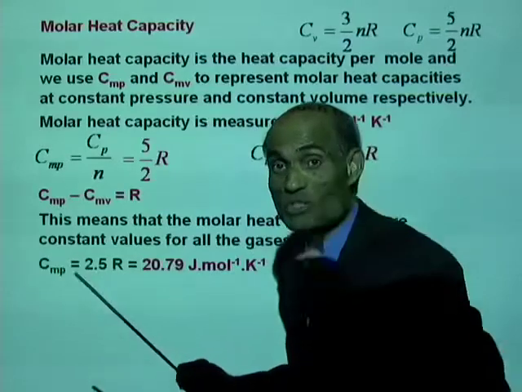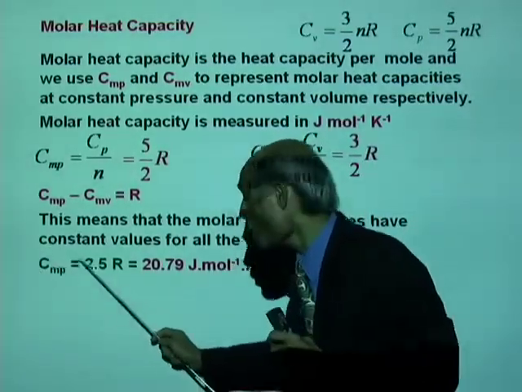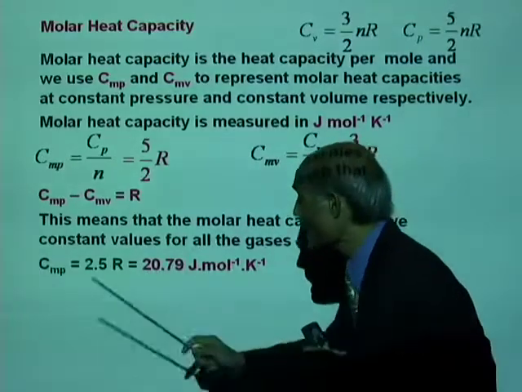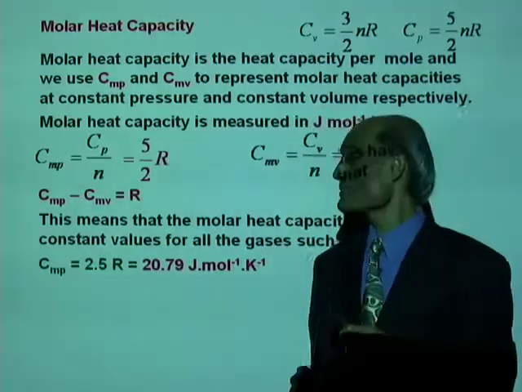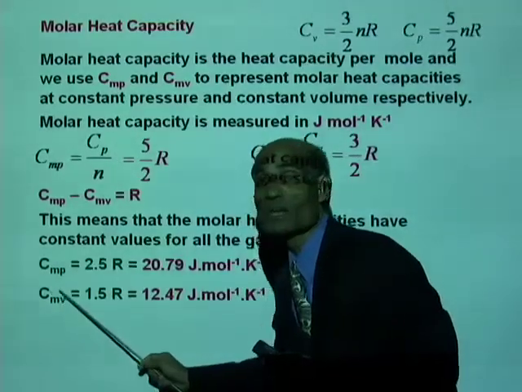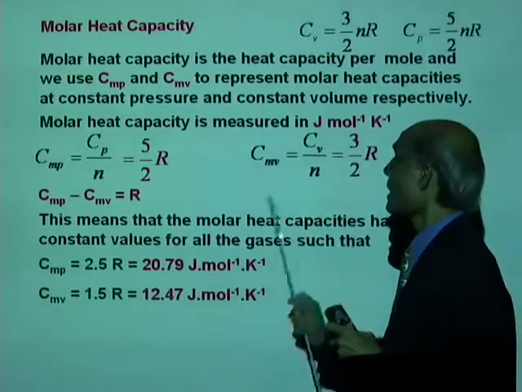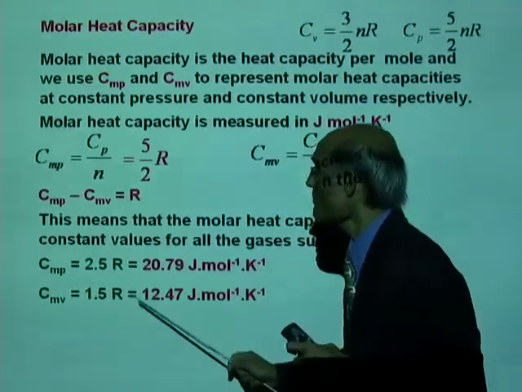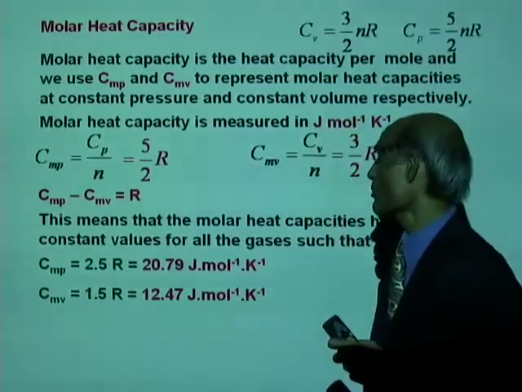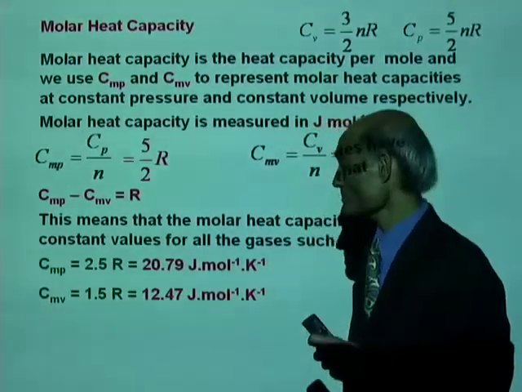So if our assumptions are right, then the value of CMP for all gases must be 20.79, and the value of CMV for all gases must be 3/2 R, which is 1.5 R or 12.47 joules per mole per Kelvin.